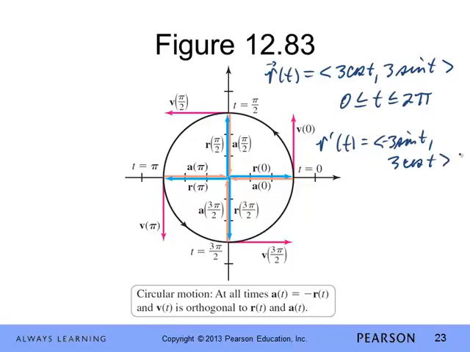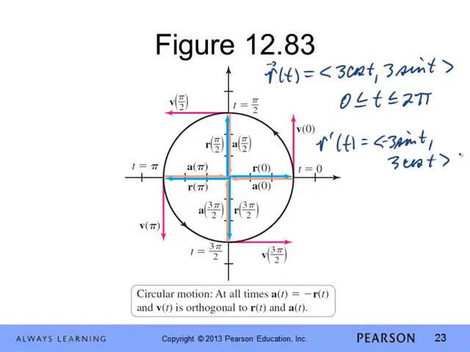If you evaluate r prime, which is v, at t equals 0, pi over 2, pi, 3 pi over 2, you'll see that you get these velocity vectors that are parallel with the direction of travel.